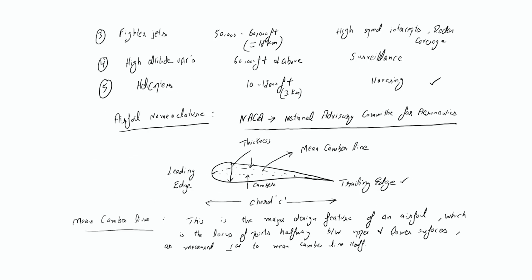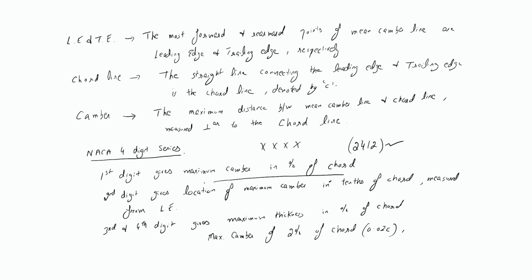In this case, it is located at 0.4 C from the leading edge. And finally, the last two digits give the maximum thickness. So here the maximum thickness is 0.12 C of chord.